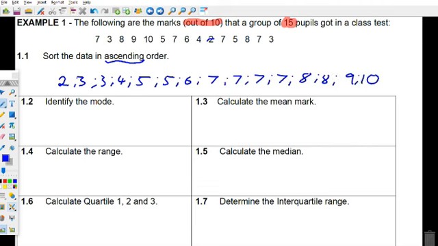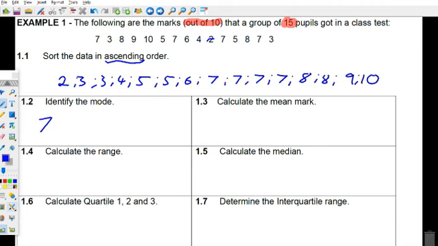Now identify the mode. What occurs the most? You just say 7. Done.